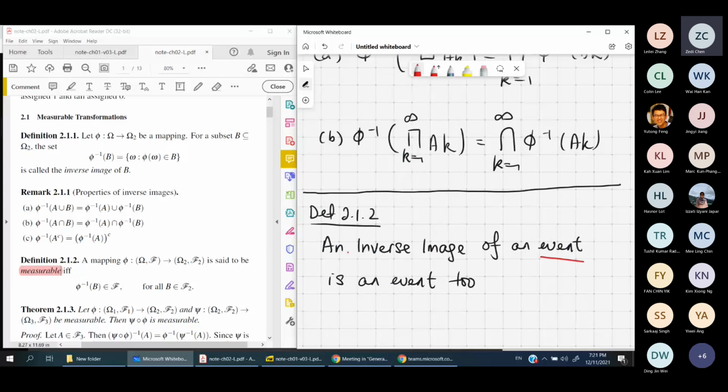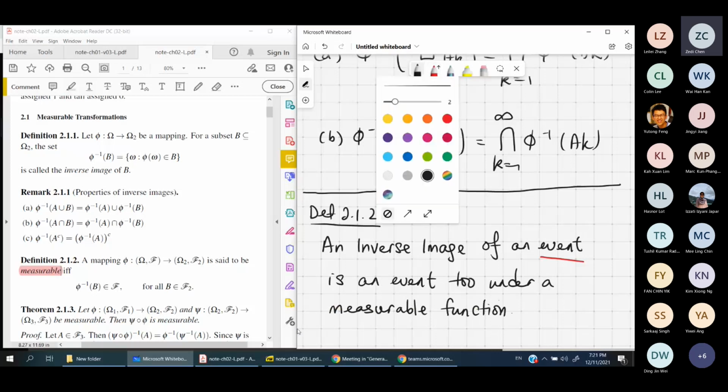We have to say: an inverse image of an event is an event too under a measurable function. First, you have an event. Then you use a measurable function. You pull back, so you get something which is also an event.